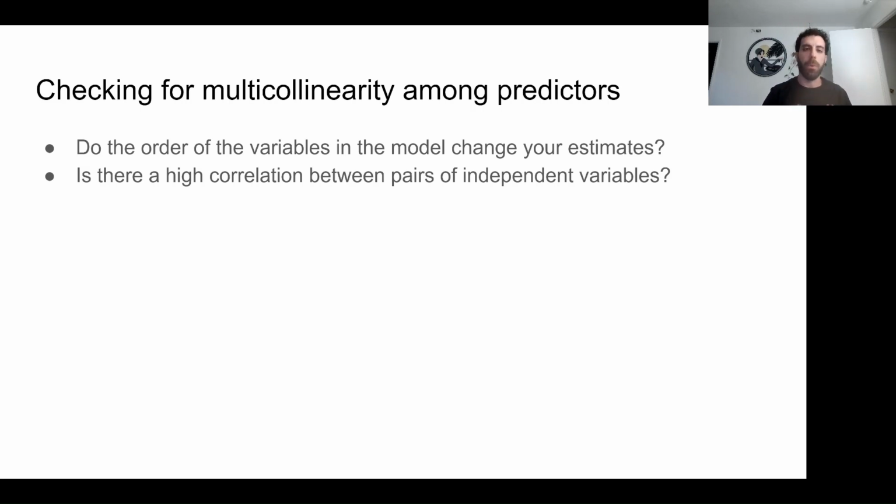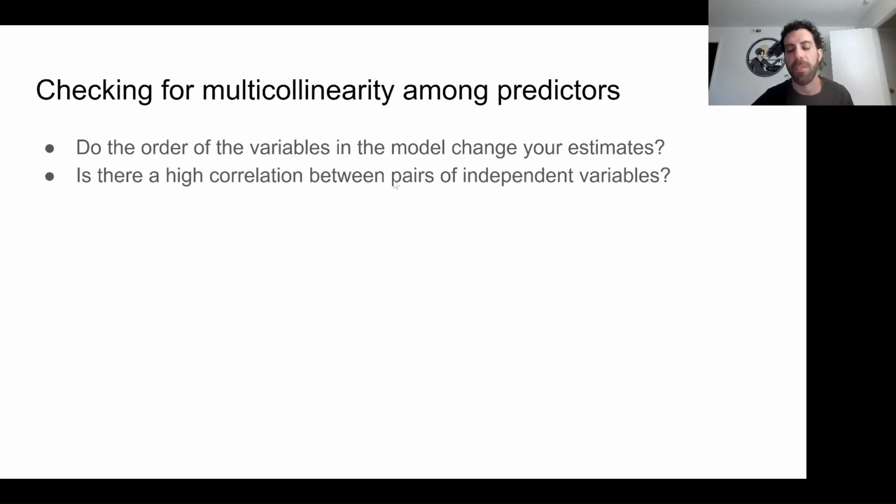Now let's talk about multicollinearity. As a refresher, we kind of already had the spoiler on this. Does the order of the variables in your model change your estimates and the significance of those estimates? That's a clear sign of multicollinearity, but it's a roundabout way of measuring it. A more proactive way to measure it is to just look at the correlation between your independent variables.